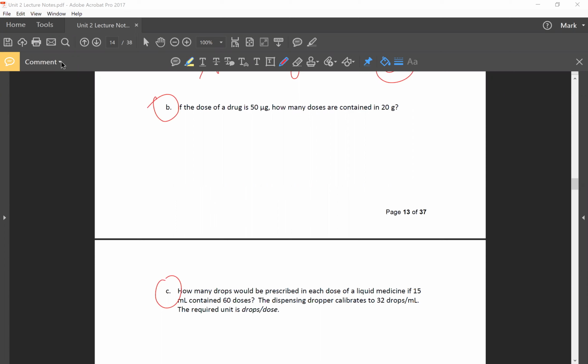Okay, guys, just take one more, maybe 2 more minutes to do this. Just remember for question B, you want to change grams to micrograms or micrograms to grams. When you see me do it in maybe 2 minutes, I'm going to change grams to micrograms.